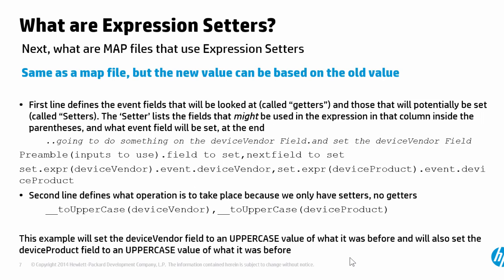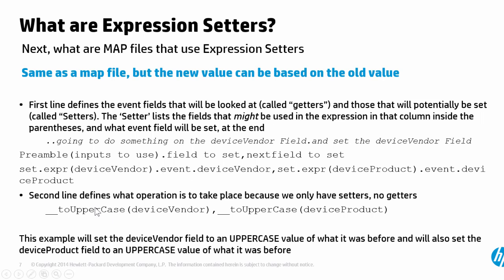So what we need to do is basically say what field are we going to use to set, and then the next field we actually want to set it to. Now, you might be able to see this where we say set.expression device vendor, event device vendor, and then set the device product to device product.